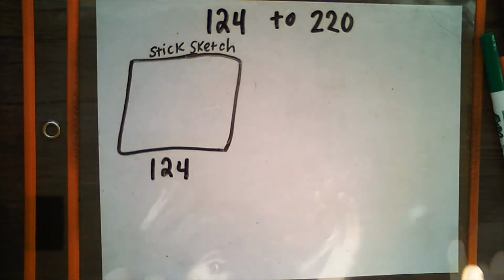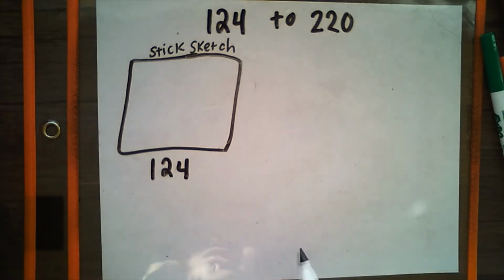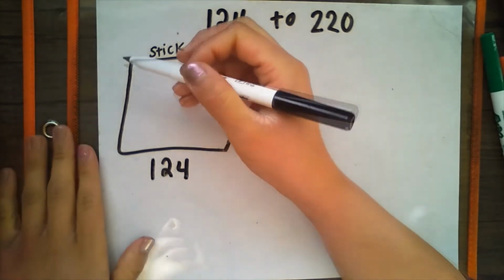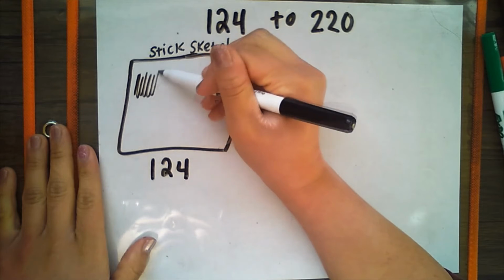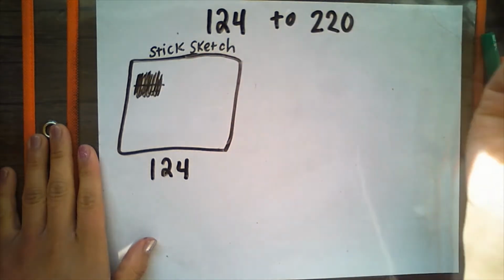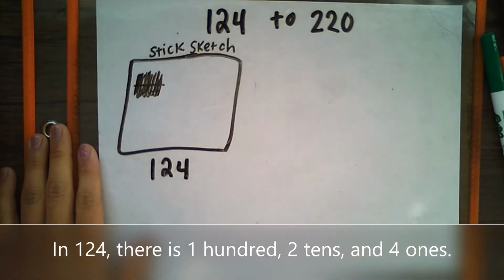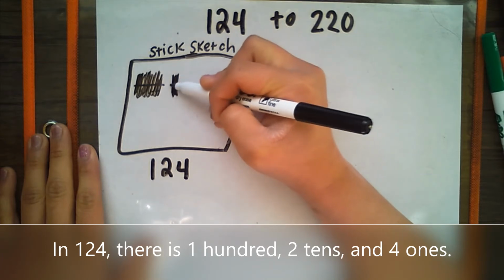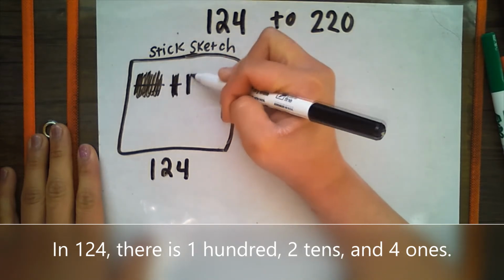So we are going to show 124 using stick sketches today, and watch me as I show you how to represent hundreds, tens, and ones using our stick sketches. For our hundreds, I'm going to draw something that almost looks like a box, like that, to show 100. And then I'm going to draw what looks like a 10 bundle there, and then another 10 bundle there.